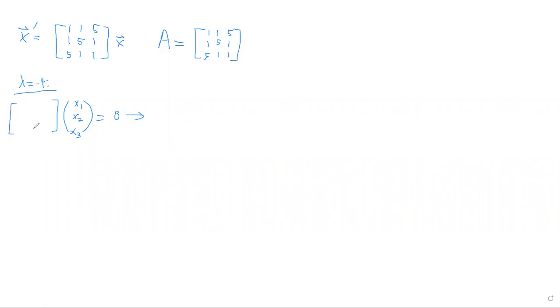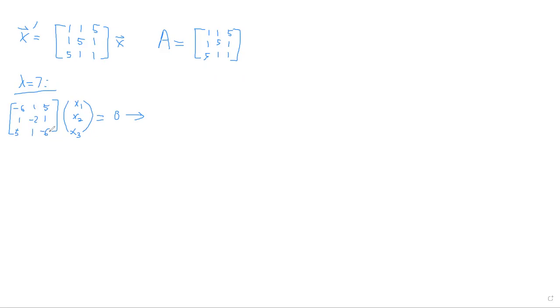All right, so A minus I lambda for lambda equal to 7. 1 minus 7, that's -6. 1, 5. 1, 5 minus 7, that's -2. 1, 5, 1. 1 minus 7, that's -6.